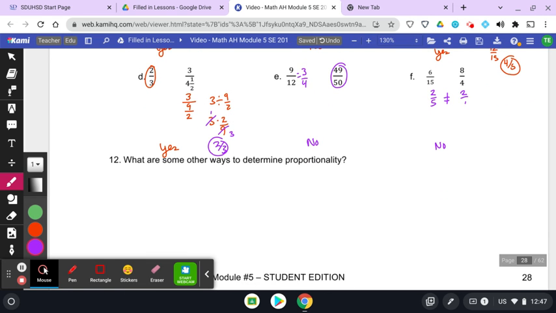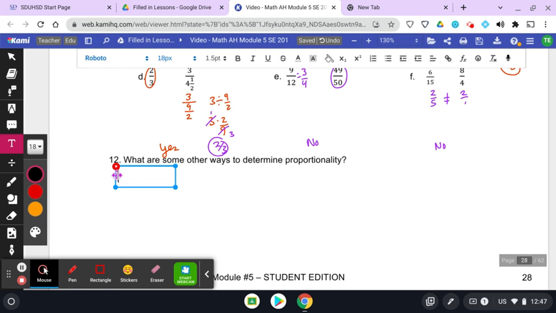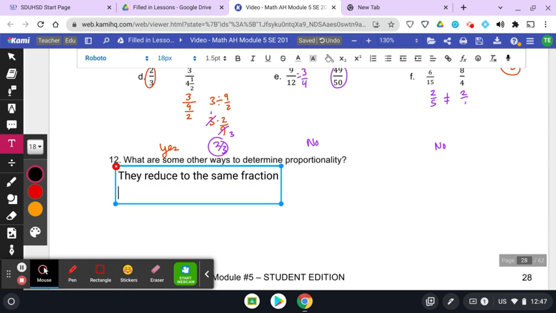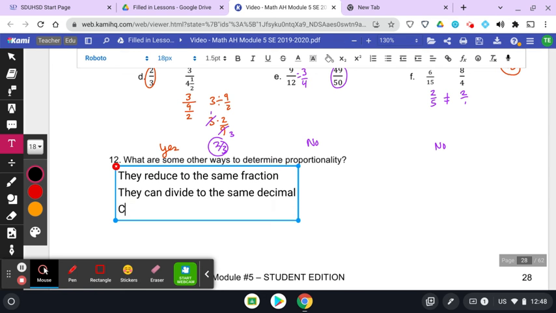Okay, so we did it by reducing, but there's lots of ways we can do it. So one way is they reduce to the same fraction. Now you spent 5th grade and 6th grade coming up with all kinds of ways to do this. They can divide to the same decimal. You can see if the cross products are equivalent.